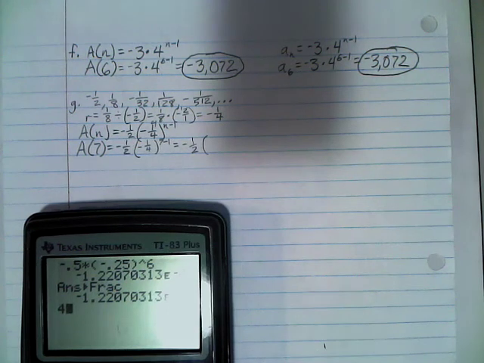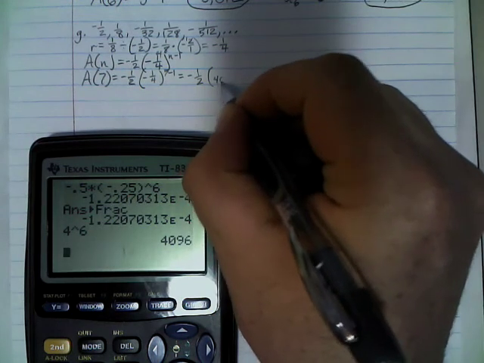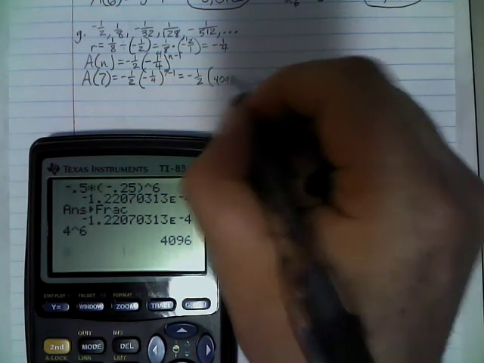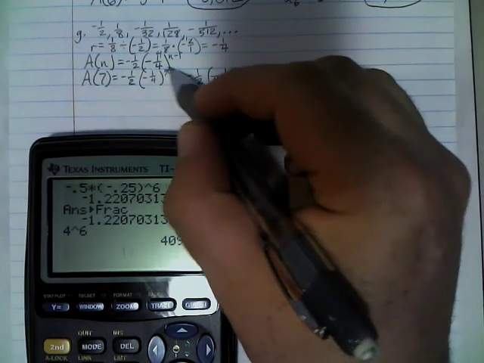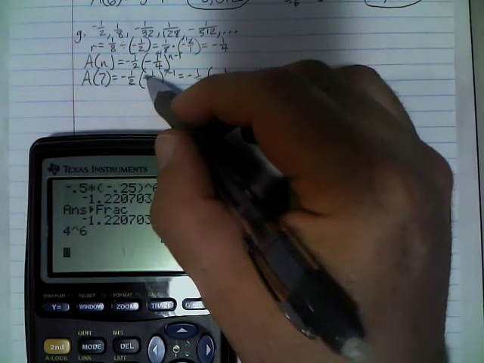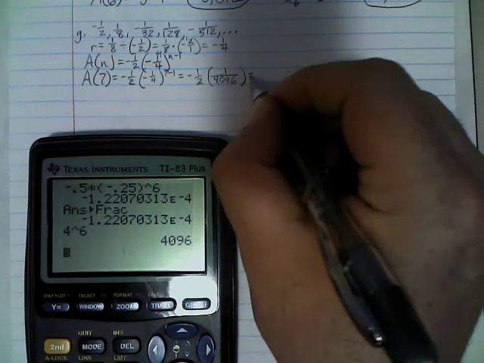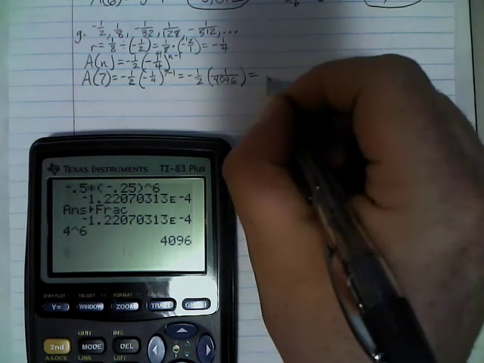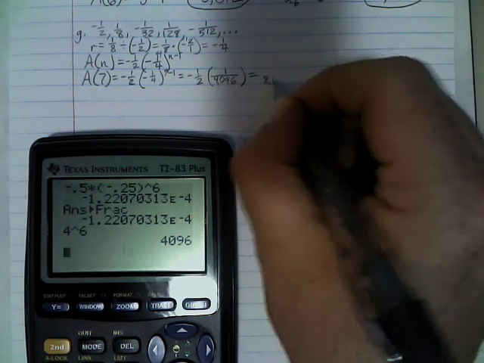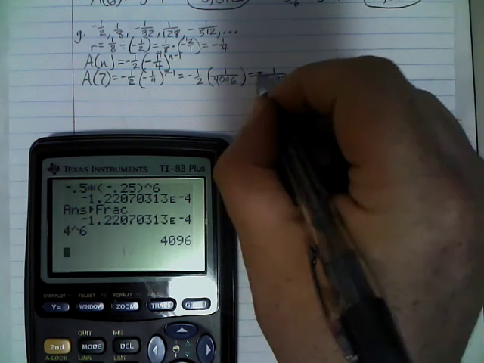So let's find 4 to the 6th power real quick. 4 to the 6th power gives me 4,096 in the denominator. And the numerator will be 1. And since we're going to do it 7 minus 1 times, so that's 6 times, all my negatives will cancel out. And so 2 times 4,096 is going to be 8,192. And that'll still be a 1 on top, but it'll be a negative.